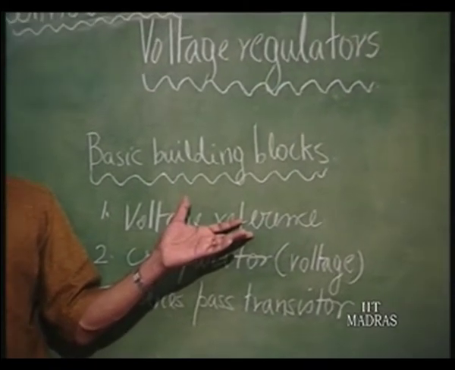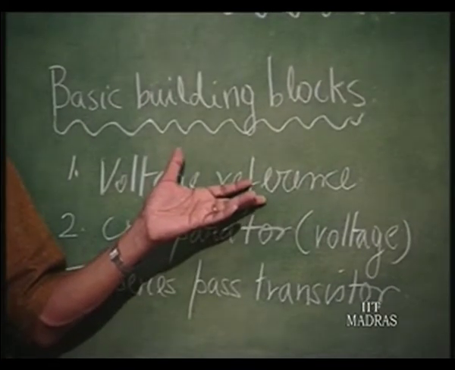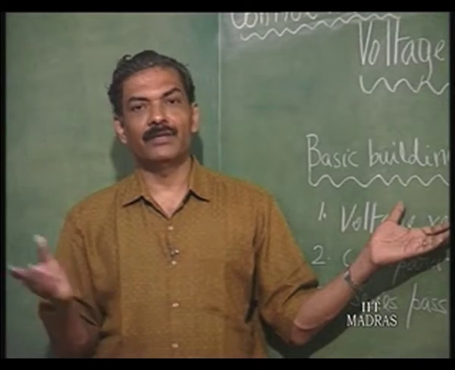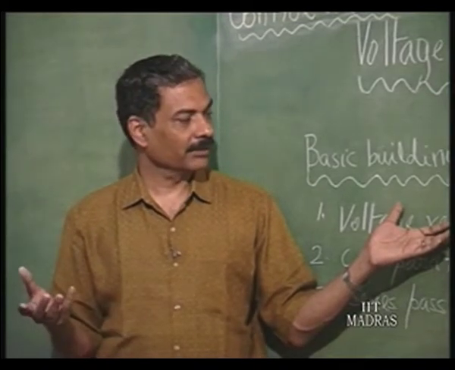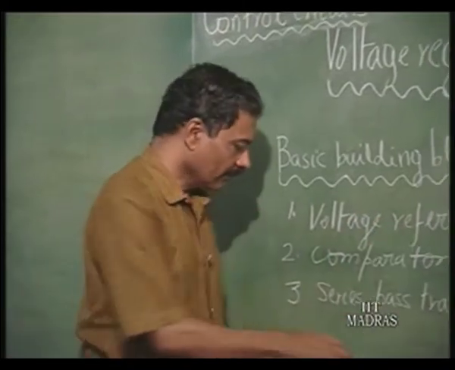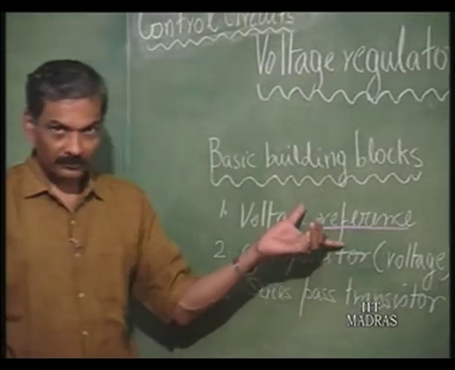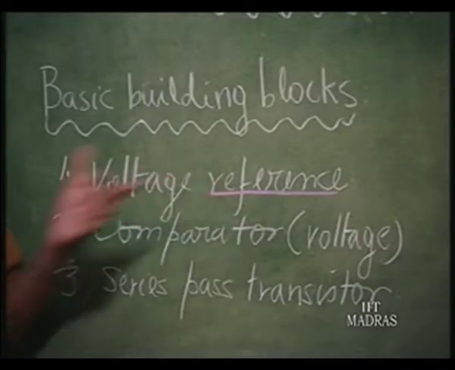If it is AC voltage regulation also, we need a voltage reference, that is normally a DC voltage reference. Even if it is speed, we need a reference, that can be a frequency or a DC voltage depending upon the system. So, a reference forms an important aspect of the basic building blocks of these controllers.